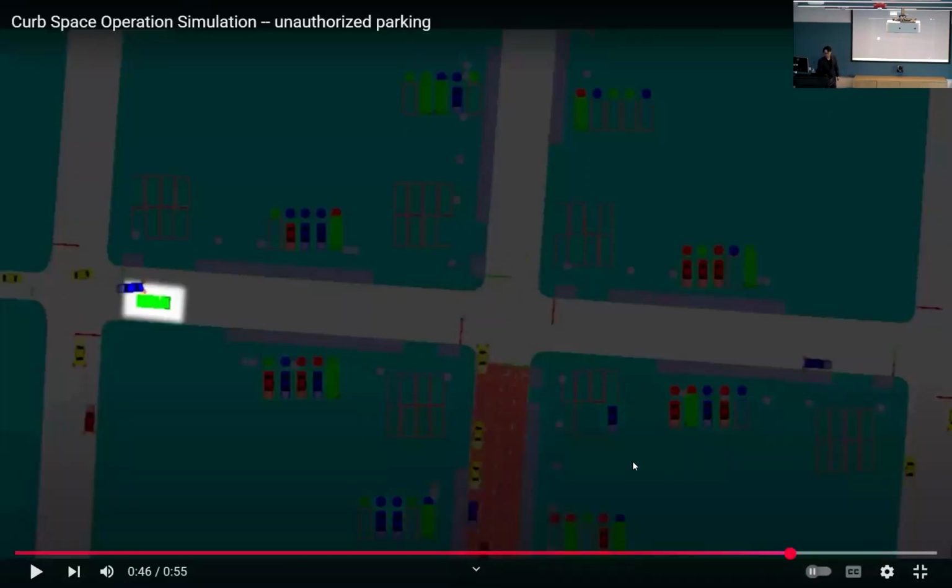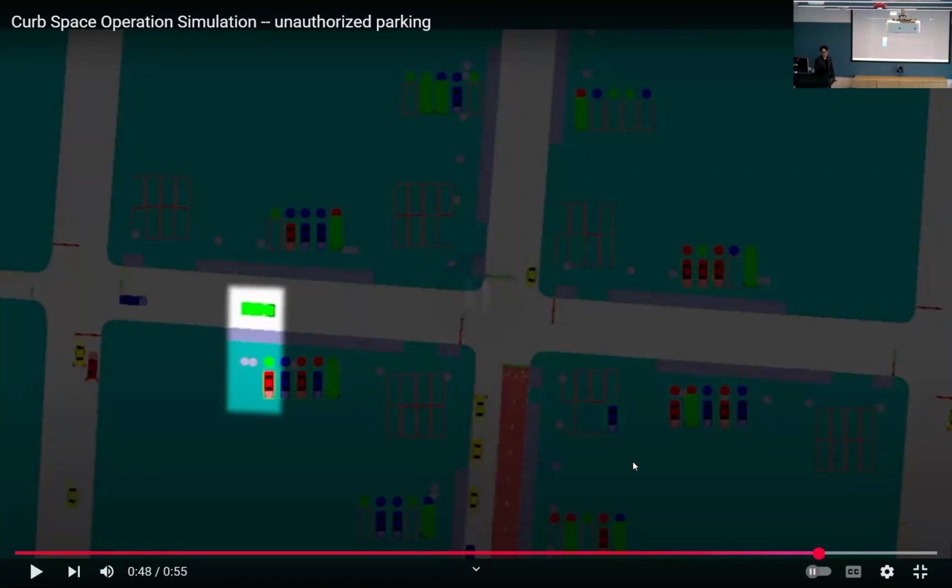Here, this vehicle is trying to look for a loading zone to drop off their delivery. When the vehicle comes in, now you can see this red vehicle, a regular street parking vehicle, is occupying a space assigned for the loading zone. So this is unauthorized parking. It is using a space with a mismatched usage.